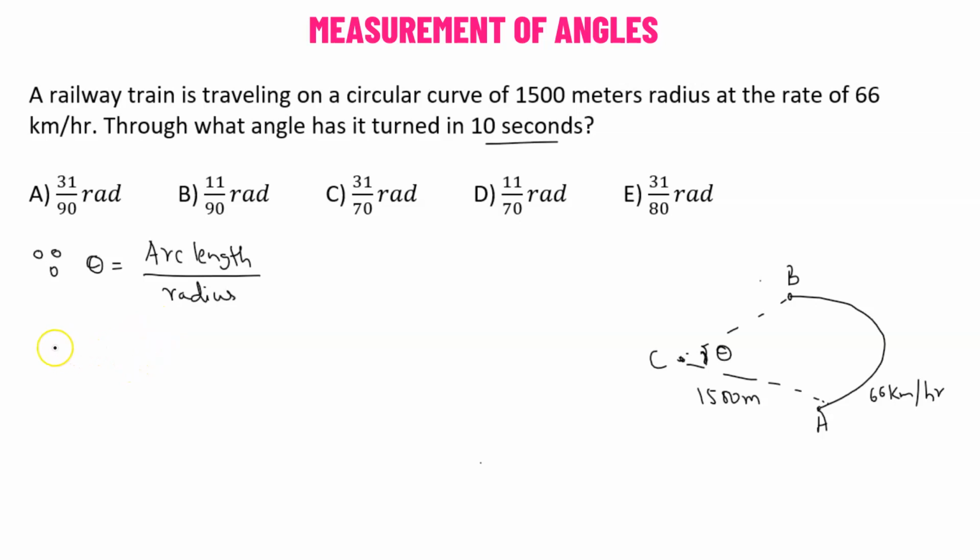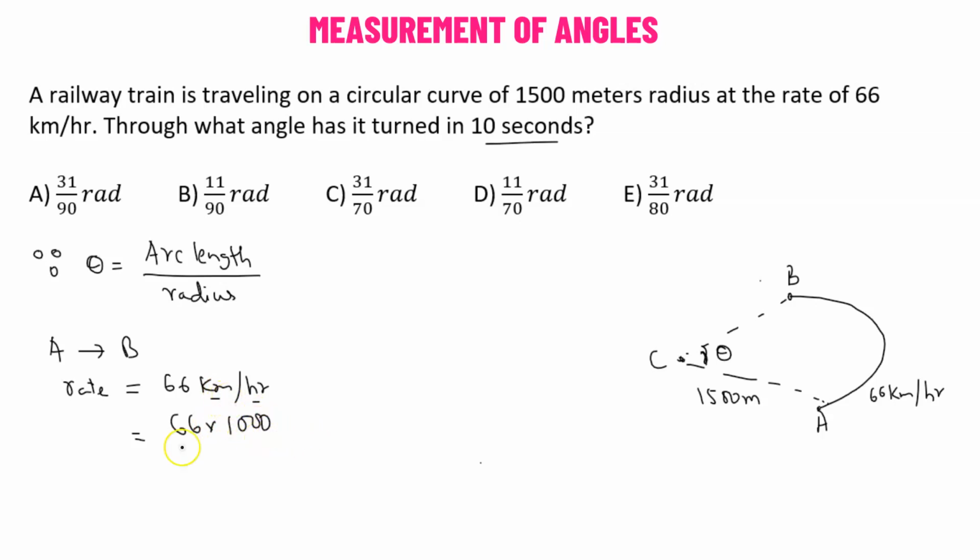Now here it's given that in going from point A to point B, the rate or the velocity is 66 kilometers per hour. So we'll convert these units from kilometers to meters and from hours to seconds. We know that 1 kilometer is 1000 meters.